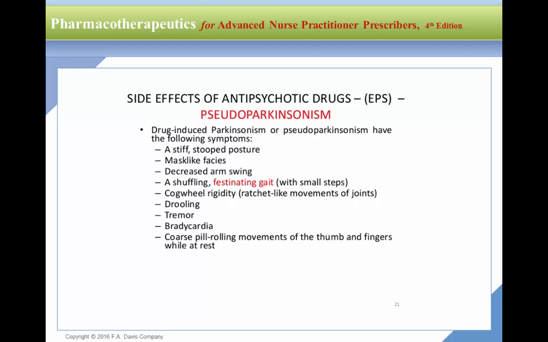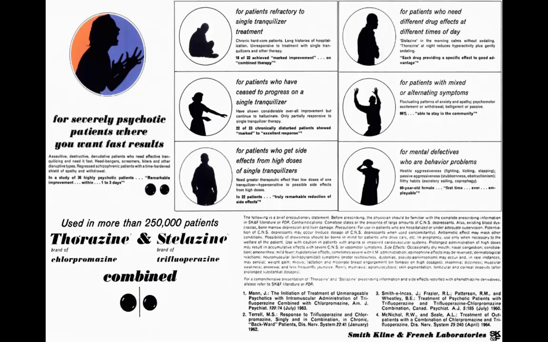Therefore, they do have Parkinson side effects, such as what you already know: the stiff stoop posture, the mask-like face, the shuffling gait, the cogwheel rigidity, drooling, tremor, bradycardia, the pill rolling movement of the thumbs and the fingers, in addition to, of course, EPS syndrome.